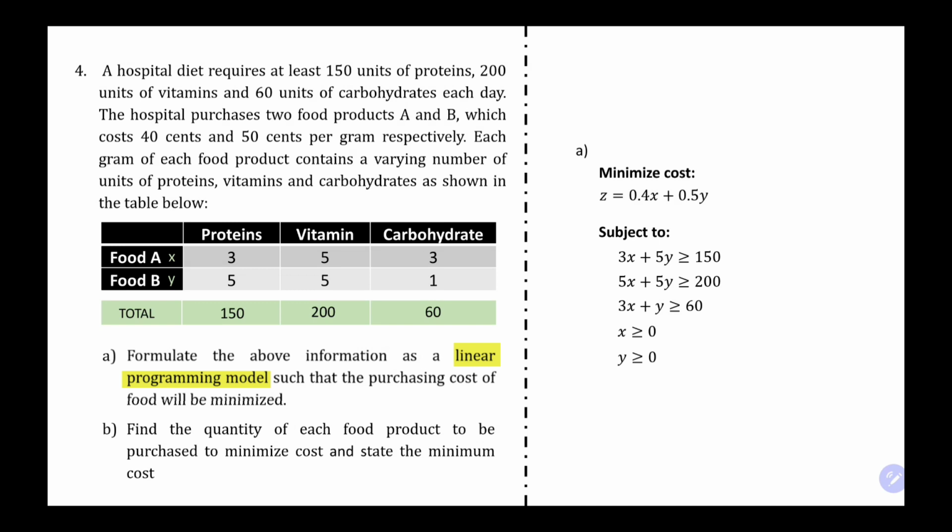We finish question A. Now we go to question B. Question B: find the quantity of each food product to be purchased to minimize cost and state the minimum cost. So we need to sketch the graph, find the region, and find the minimum value.